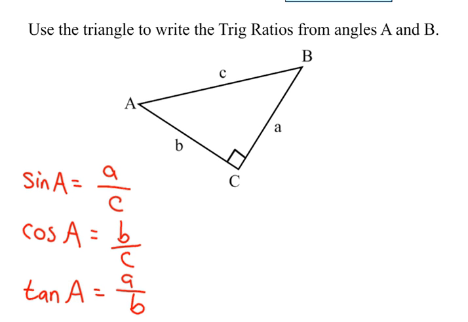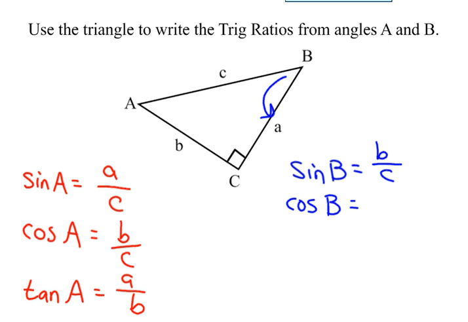Now we'll go from angle B. Sine of angle B equals opposite B over hypotenuse C. Cosine of angle B, adjacent over hypotenuse.